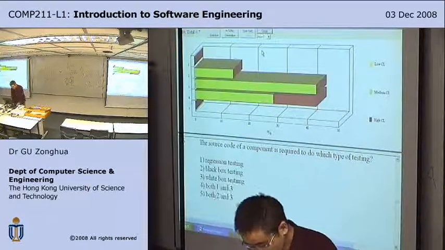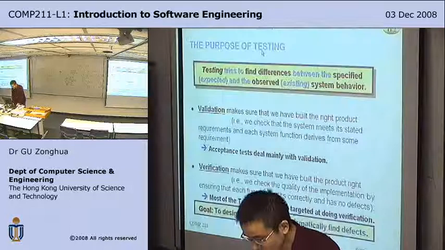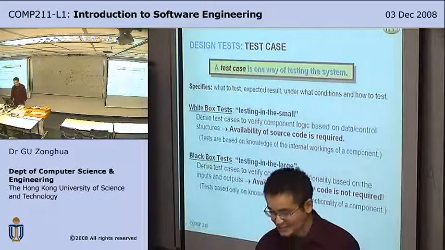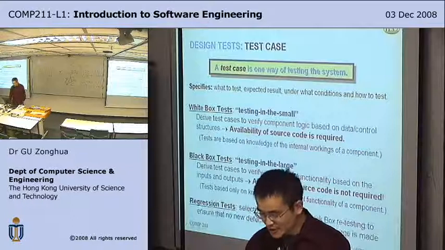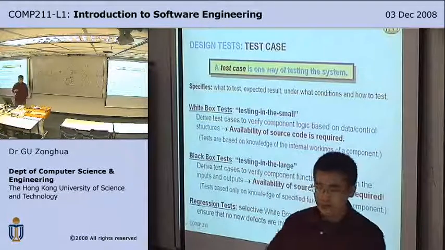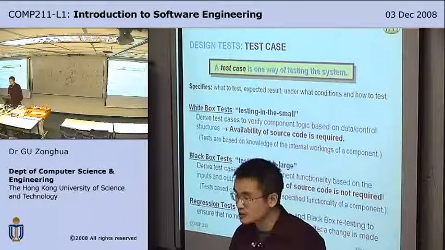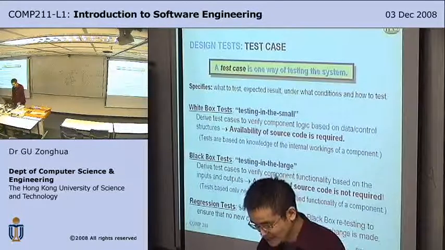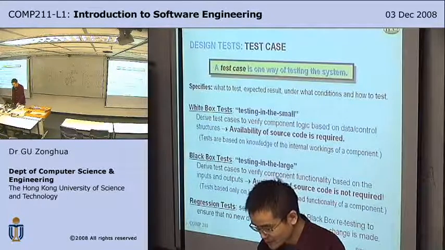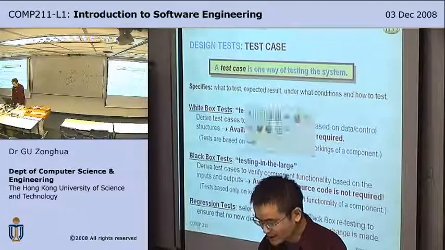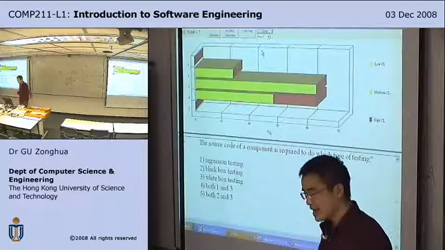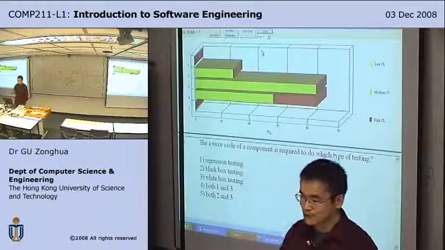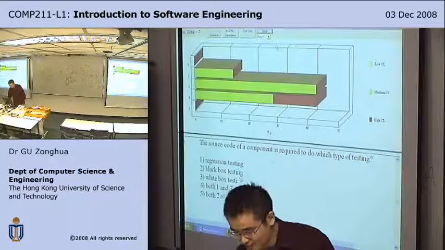It's obvious that white box testing needs source code. Black box testing doesn't need source code, but regression tests can be white box or black box. So it may need source code if it's white box testing. These regression tests are retesting old functionalities. You're rerunning test cases that have passed before, after you've done some new development, to show that the new things haven't broken the old functionality.